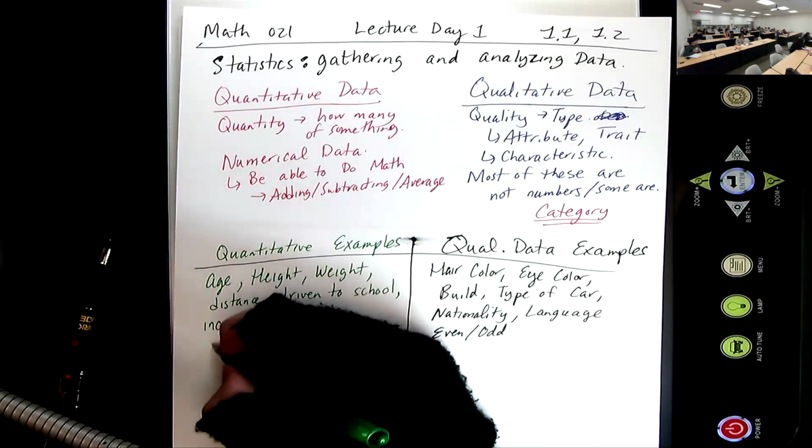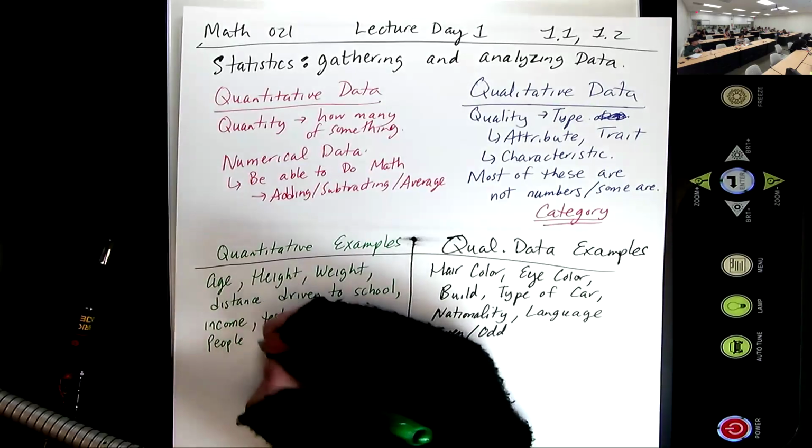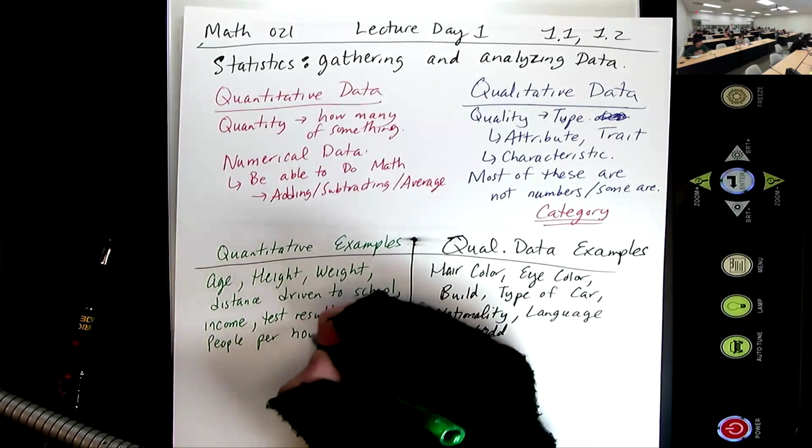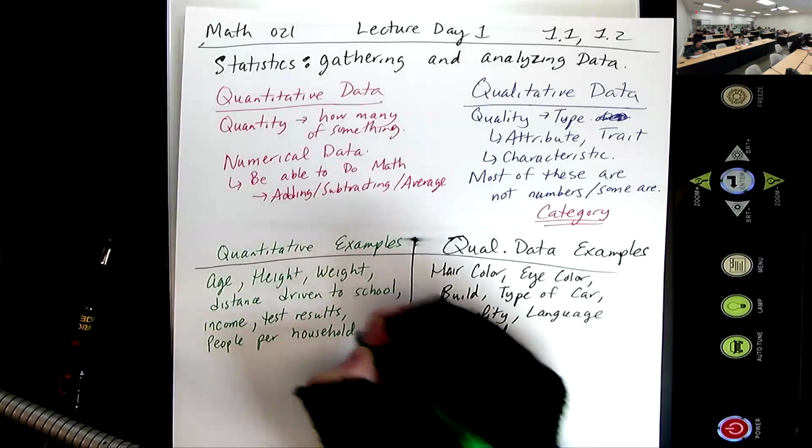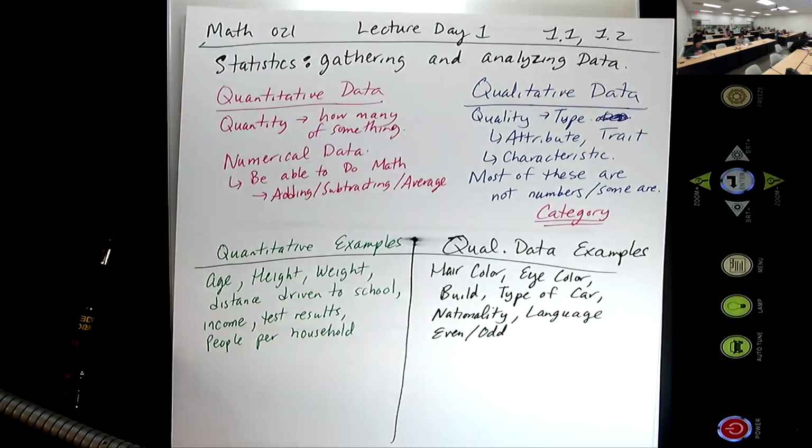People per household. We could find the average number of people per household. That makes sense. Adding and subtracting makes sense, it's called birth and death. You remember in the household, you had a baby. Someone passed away, the household size went down. A little grim on one of those topics, really exciting on the other, but in terms of statistics, it's just another number.